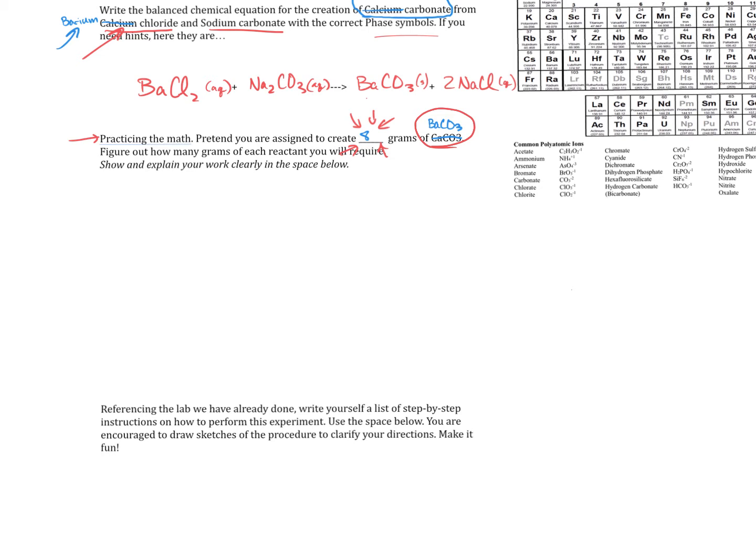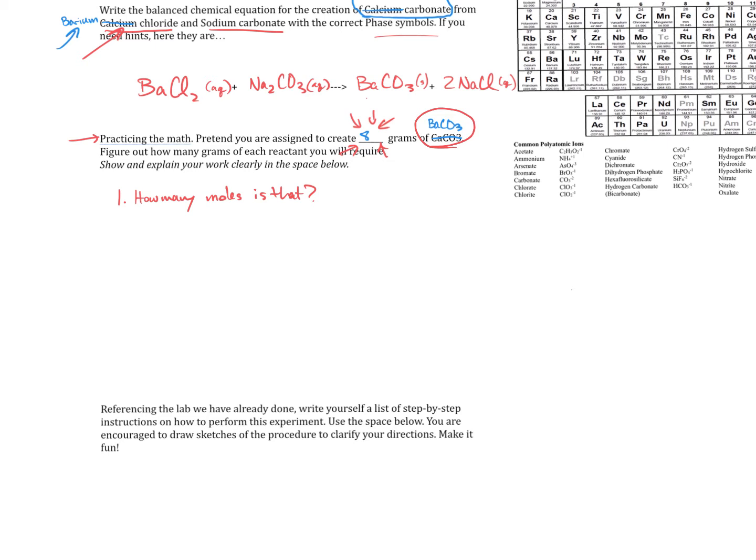Well, first thing is, how many moles is that? When you come in the lab for exam day, I'm going to ask you to make a certain number of grams. This is your first decision. How many moles is that?